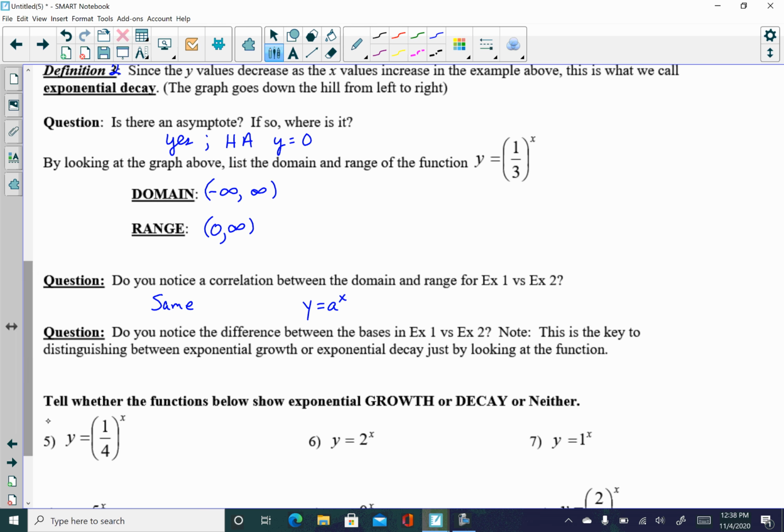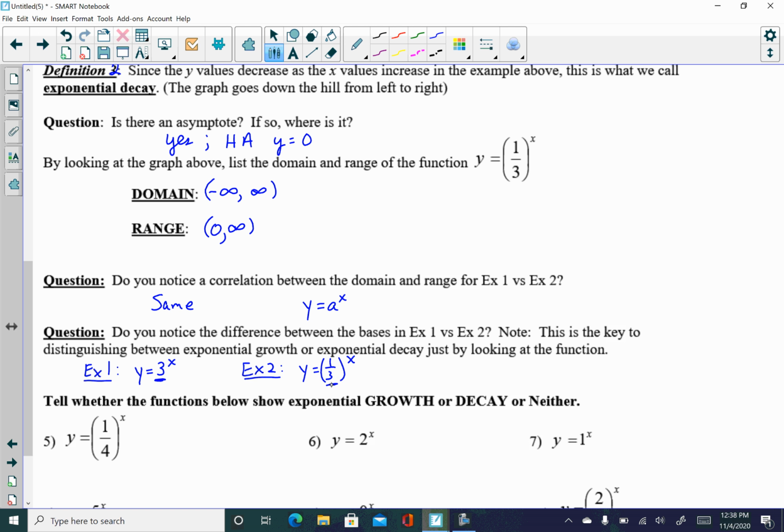Question just below that, do you notice the difference between the bases in example 1 and example 2? And that's what I was trying to point out to you at the top. So your first one in example 1, y equals 3 to the x, your base was 3. In example 2, y equals 1/3 to the x, your base was 1/3.